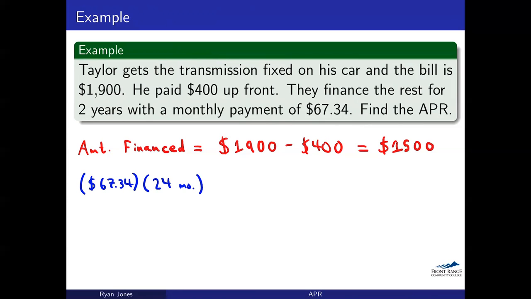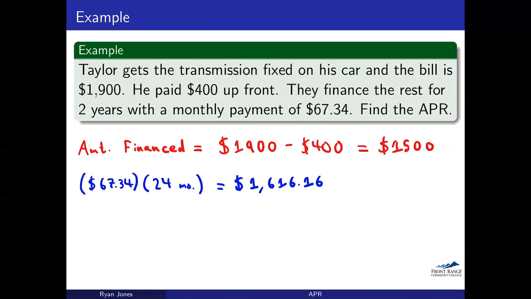So he makes 24 of these payments. That's going to give all of his payments adding up to $1,616.16. So that's how much he paid during the time of this financing from day 2 onward.